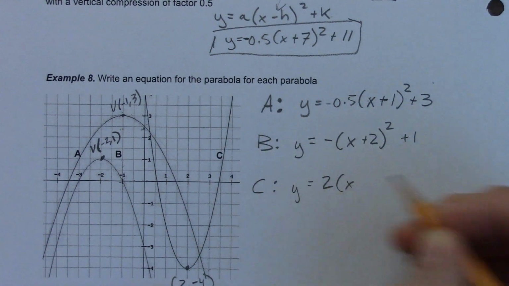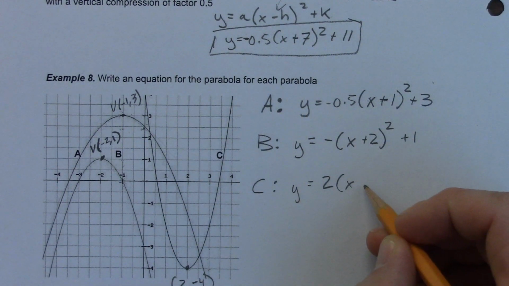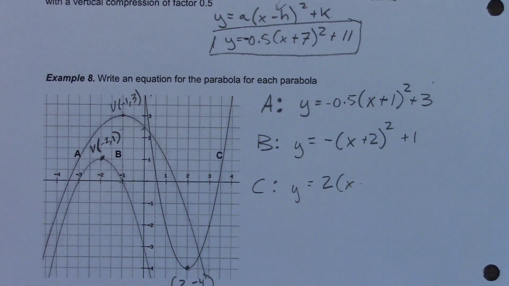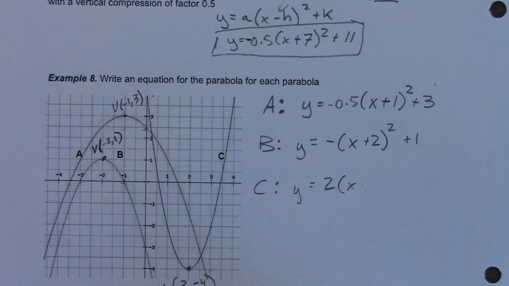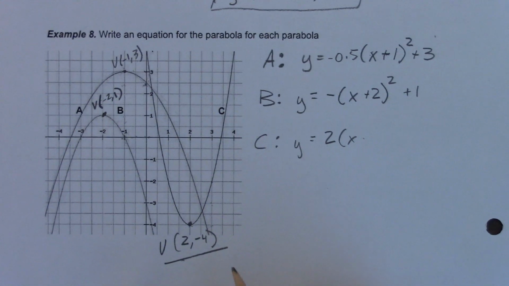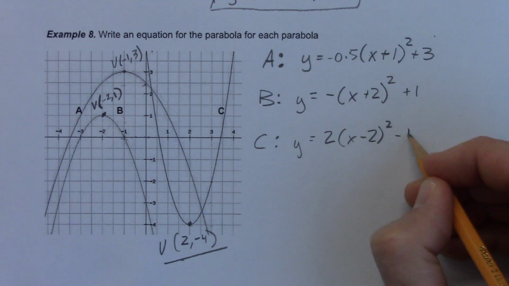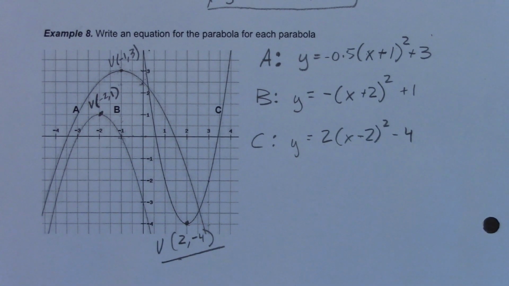X bracket X plus 4. Nope. Here's your vertex right down here. X minus 2. Yeah. Bracket squared. Yeah. Minus 4. Yeah. Easy, right? No? Anybody confused? Alan, what are you confused about?